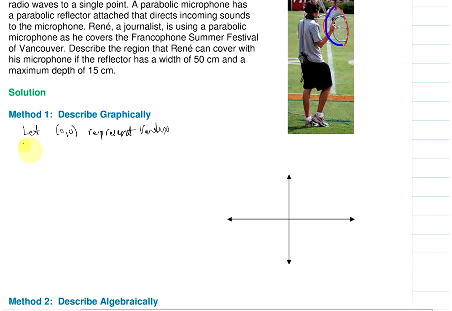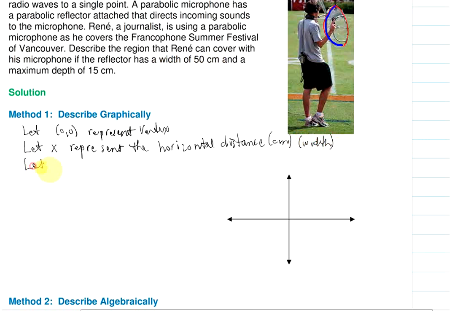And we are going to let x represent the horizontal distance, in centimeters, because that's what we have here. And our horizontal distance is going to be the width of our reflector, right? So this really means the width.